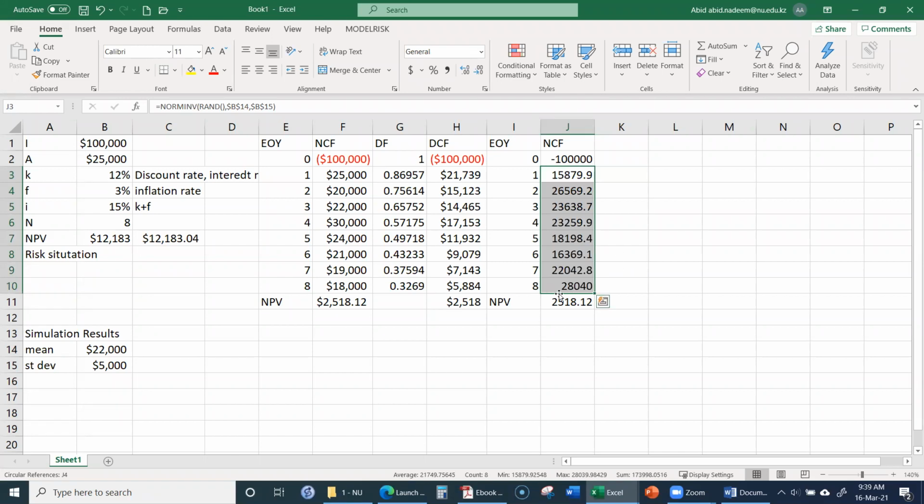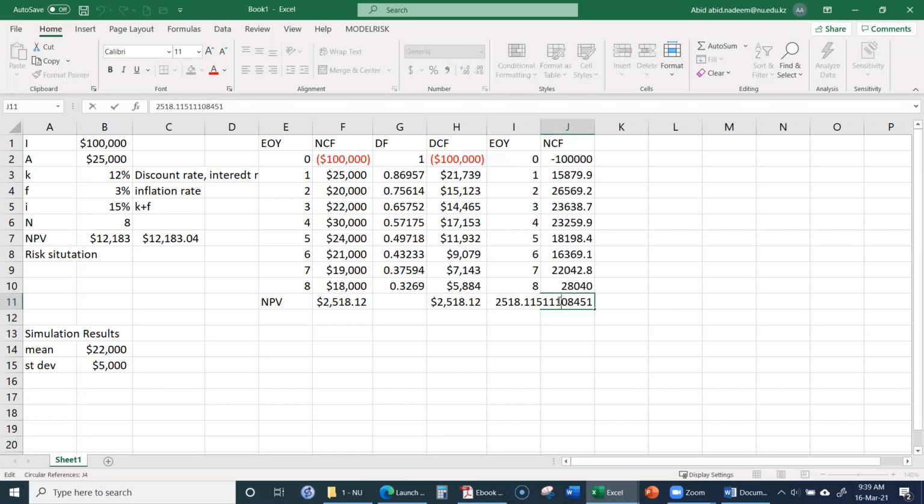Okay, so in this case, what I can see over here is that I get another estimate of the net present value, which is $2,518.12. Which is exactly the same? Why?